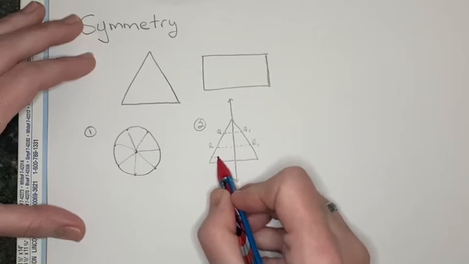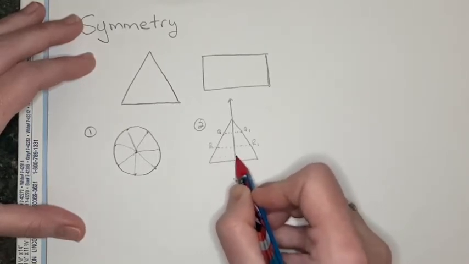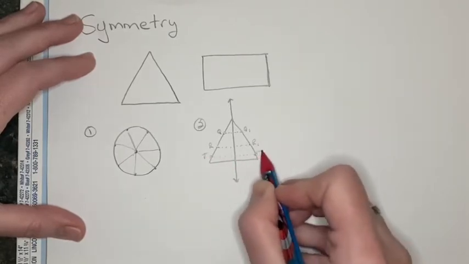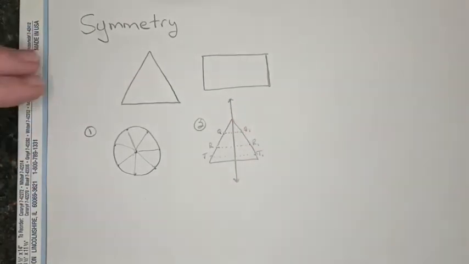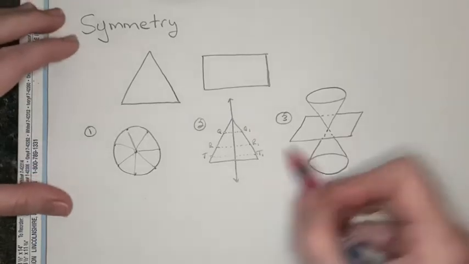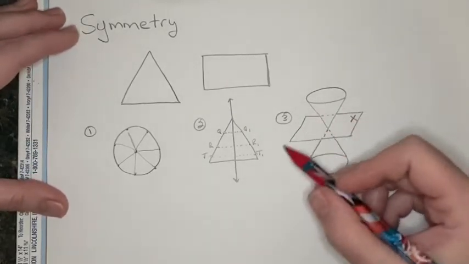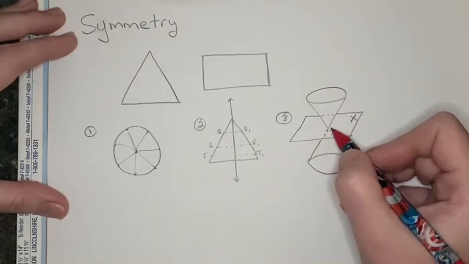And the same here. For every point on this side, there is an equal point on the other side, is basically what we're looking at here. And that is symmetry with respect to a line. The final case is symmetry with respect to a plane. If this is plane X, then this shape is symmetrical to that plane.